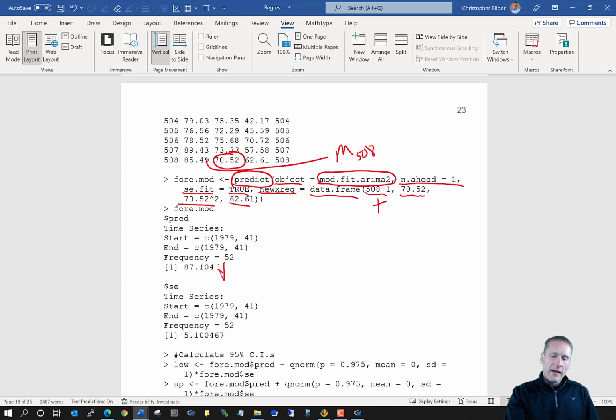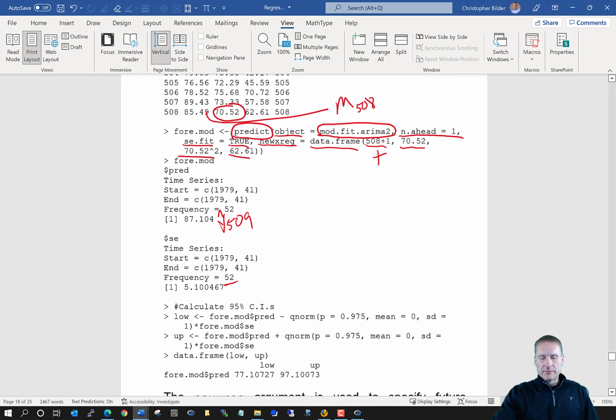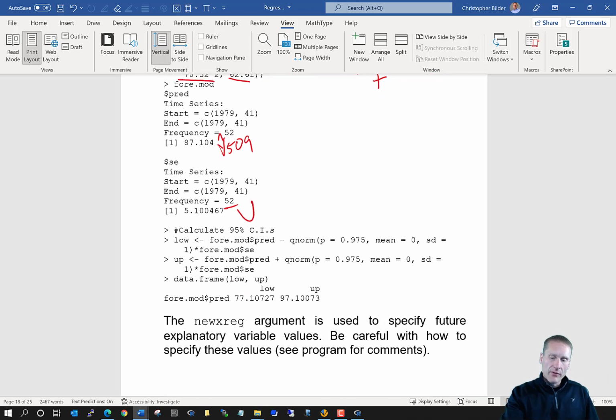This is what I get here. So y hat for 509 would be 87.104. Here's the corresponding standard error, in other words, the square root of the variance of y hat t. To find my confidence interval, I take that forecasted value, subtract off the value for my standard normal times that standard error.